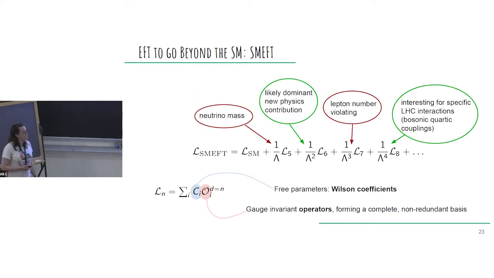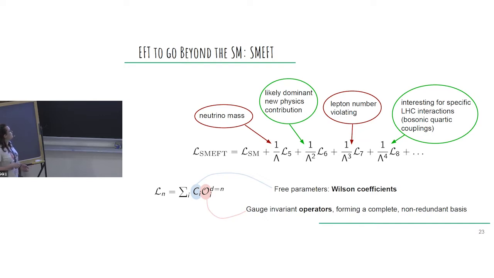What are these terms? Something that I forgot to mention: the Lagrangian of the standard model is dimension 4, while the operators that we consider in the Taylor expansion are higher orders.